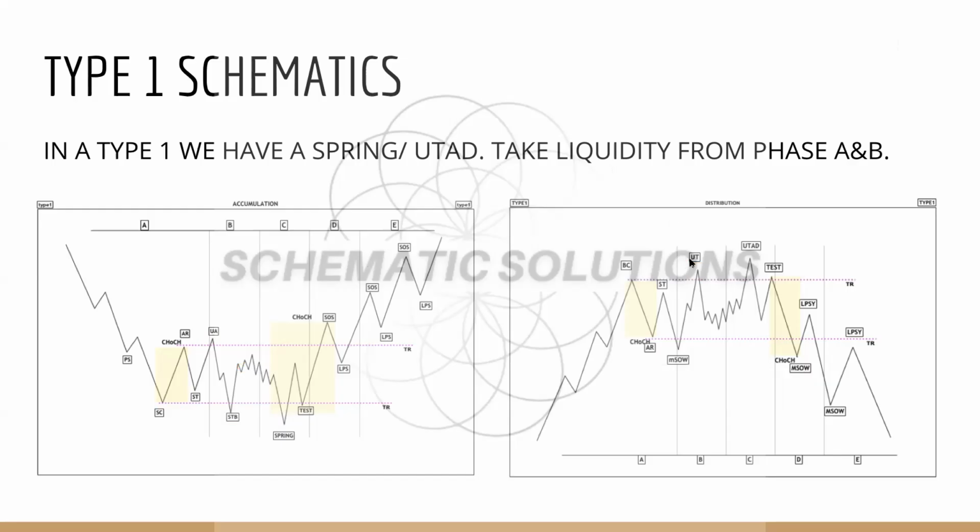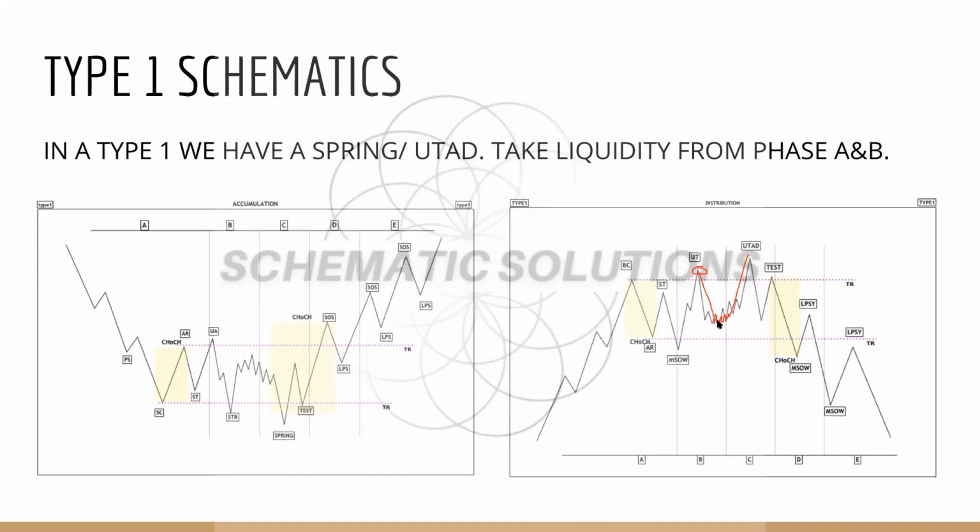So now same thing. Let's say we're looking at price as it's up here. I would be looking at this as just being a secondary test until we trade to 50% and then get our UTAD.